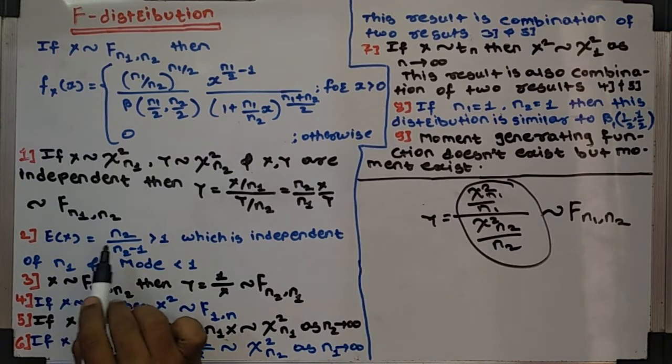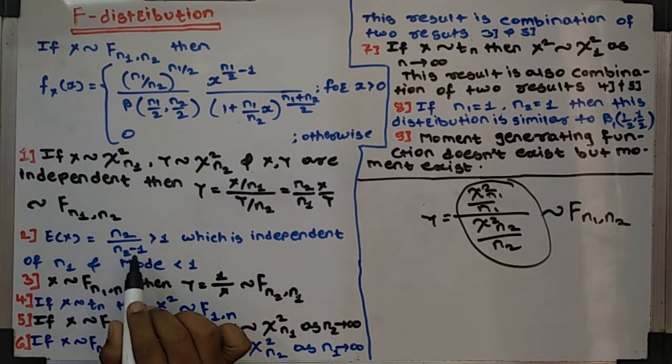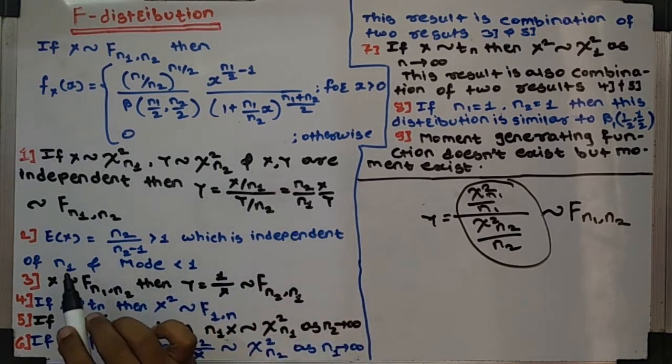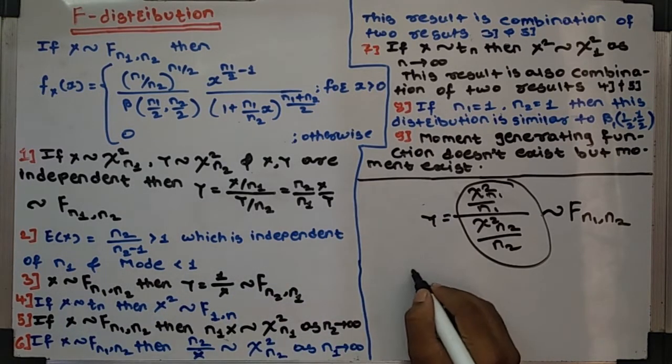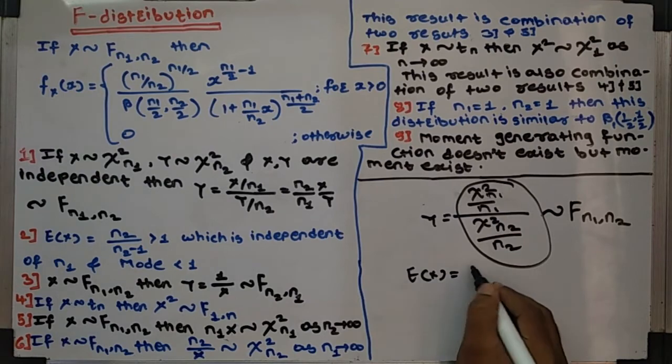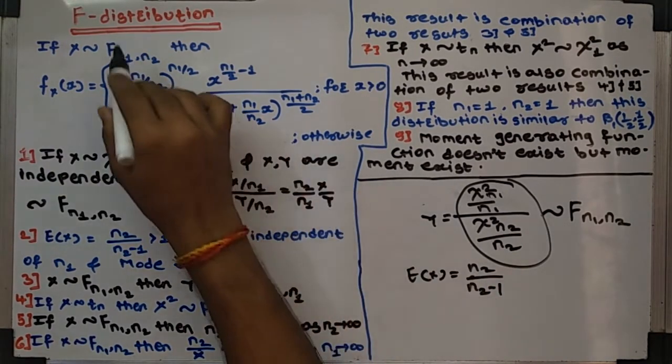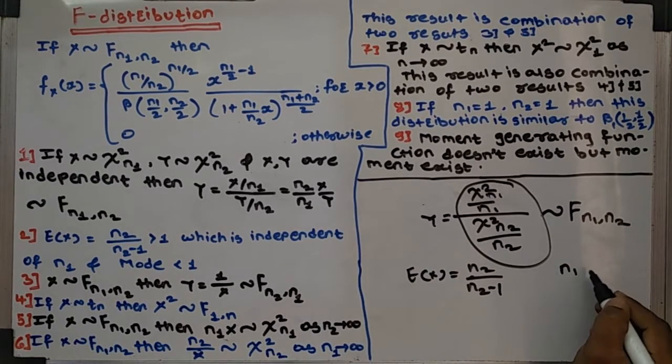Second result is expectation of X equal to n2 upon n2 minus 1, for n2 greater than 2, which is independent of n1. Here in the F distribution there are two parameters, n1 and n2, the two degrees of freedom.